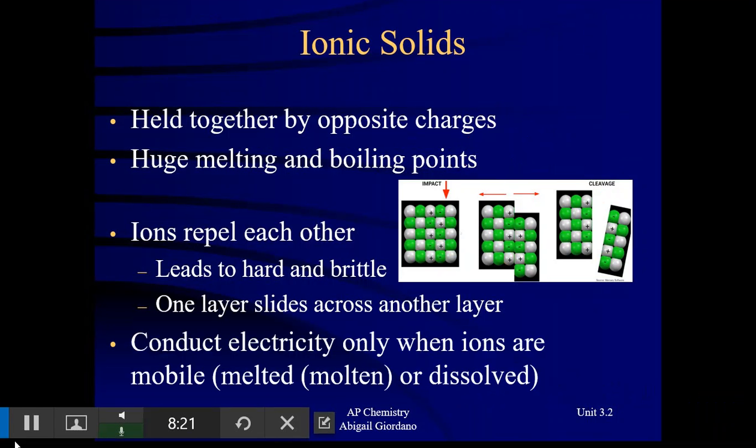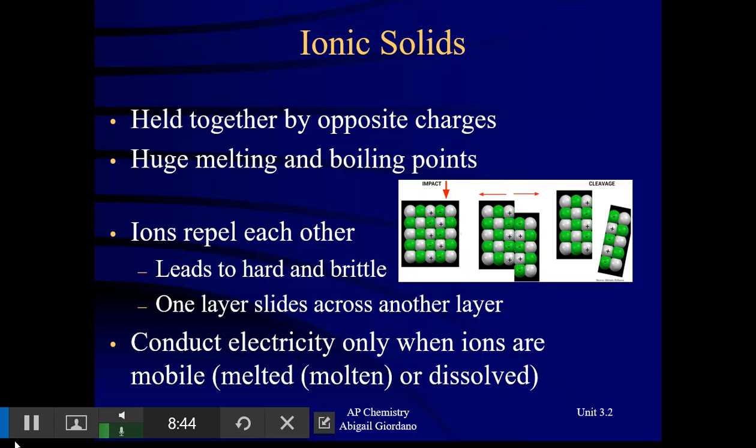Ionic solids will not conduct electricity in their solid form. Let's review what you need to conduct electricity. You need charged particles. Okay, we got that. But they have to be able to flow or move around.